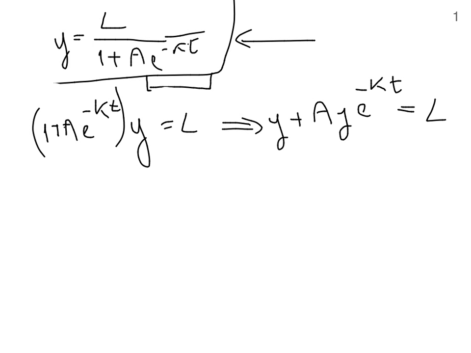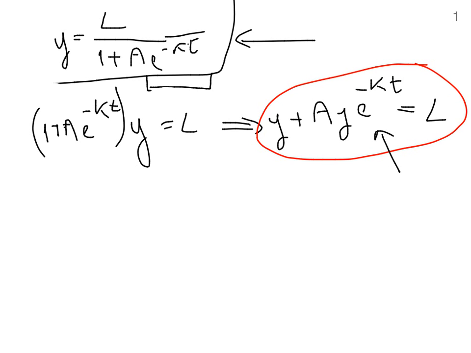Okay, that's much better. Now, what we have here is something that has no denominator, and we like this. We could even skip the next step, but the only problem is that here we have a negative exponential, and we want to get rid of that too.